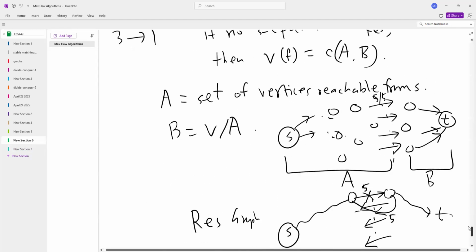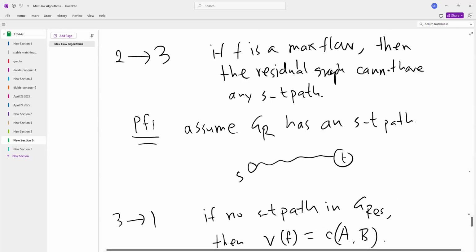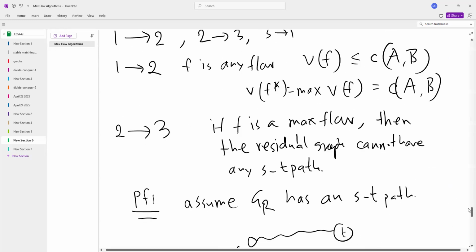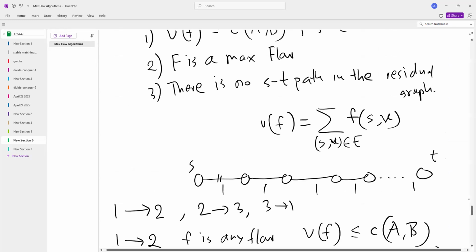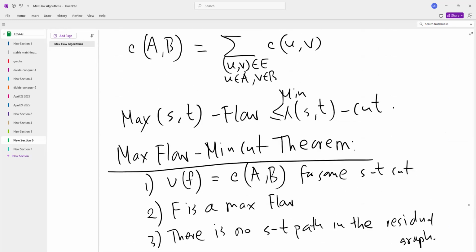It was the max flow min cut theorem, right? It was related to the fact that if you had no path going through, then there was necessarily a cut. So we know that the Ford-Fulkerson algorithm stops when in the residual graph we have no more s-t paths.